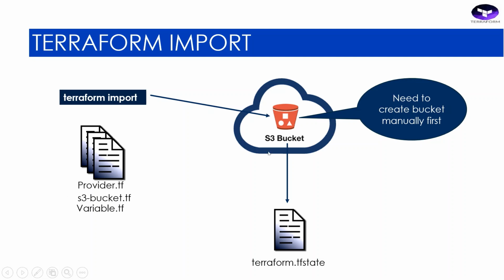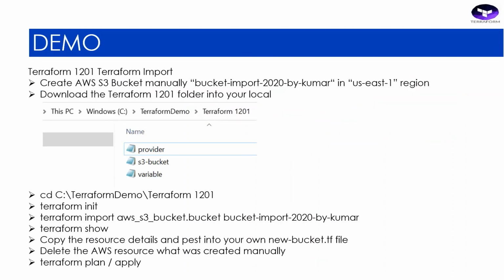By this provider we'll get the connectivity from AWS to our Terraform, and the s3-bucket.tf file will be just a blank file, for a specific region. Once we perform the terraform import command, the existing S3 bucket resource will be downloaded into the Terraform state file, and then we can see it in the state file, and we can delete the existing one, or choose another region and create the same resource again. So let's do the demo.